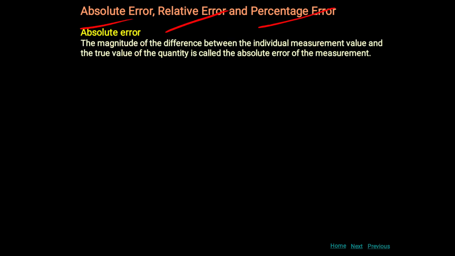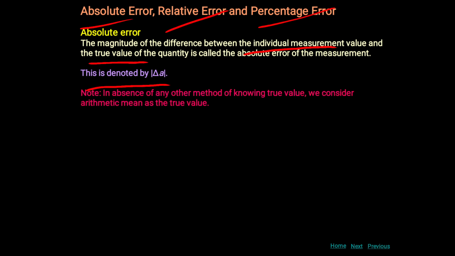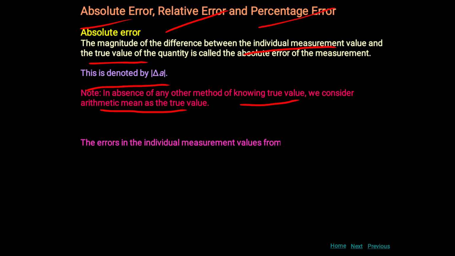Then absolute error, relative error and percentage error. What is meant by absolute error, or how to define the absolute error? The magnitude of the difference between the individual measurement value and the true value of the quantity is called the absolute error of the measurement. It is denoted by mod of delta A. Note, in the absence of any other method of knowing the true value, we consider the arithmetic mean as the true value.